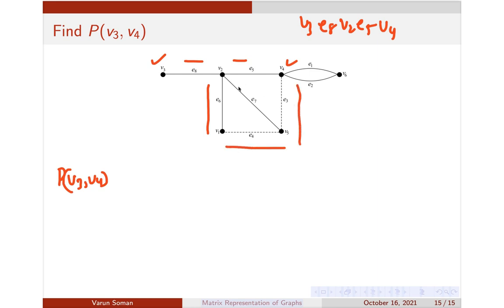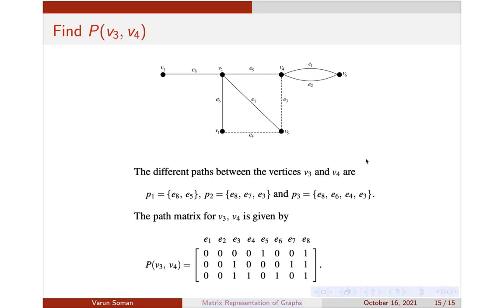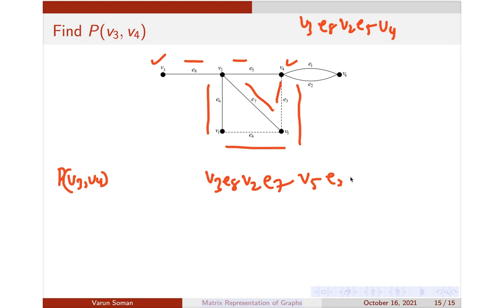So I will write it as V3, E8, V2, E7, V5, E3, V4. Next one is V3, E8, V2, E6, V1, E4, V5, E3, V4.